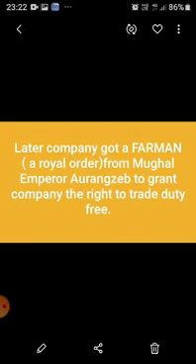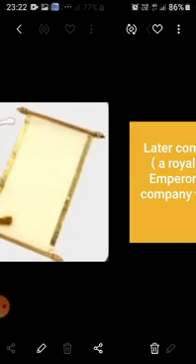Later, the company persuaded the Mughal Emperor Aurangzeb to issue them a Farman, which gave the company the right to trade duty free. A Farman is a type of royal order.